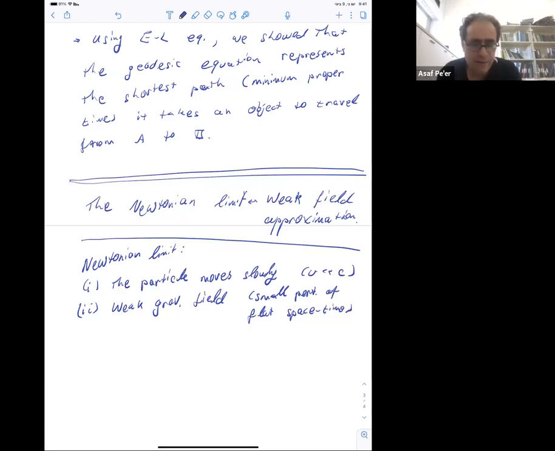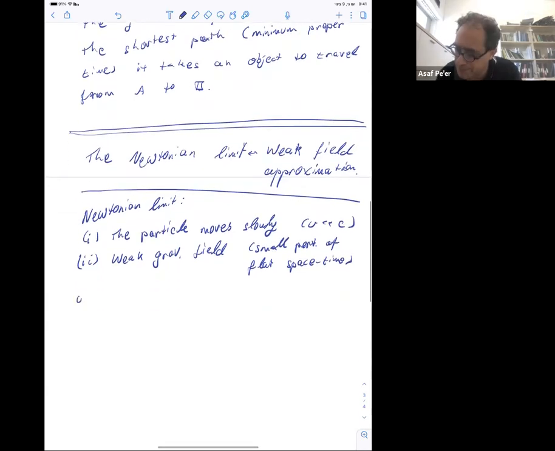And the third is that the field is static, namely it is not changing in time, unchanged in time.